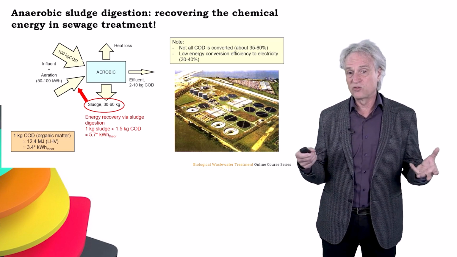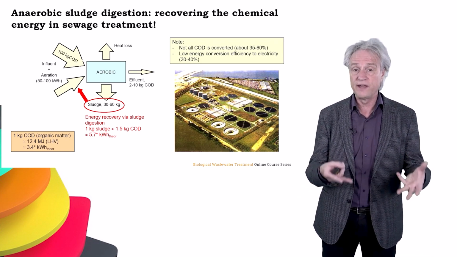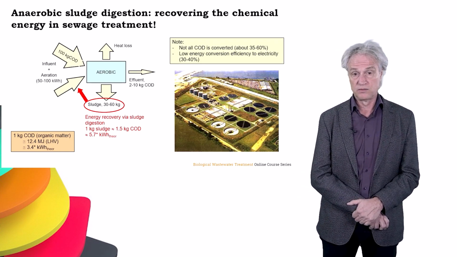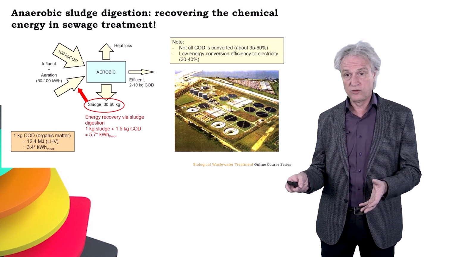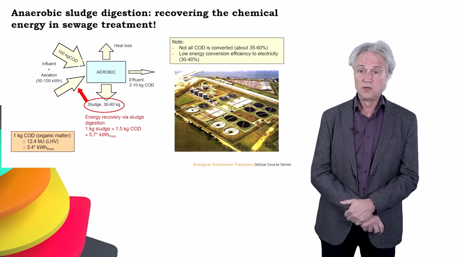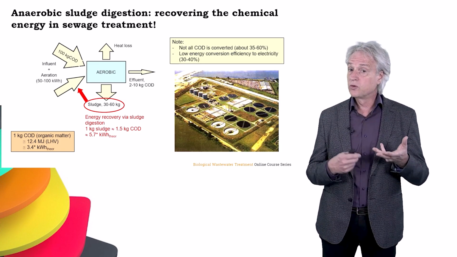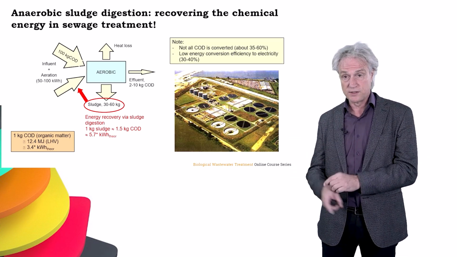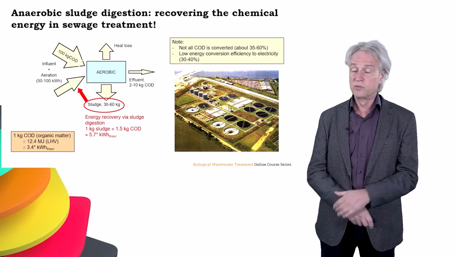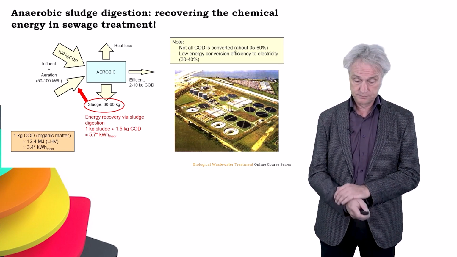And you can balance it: there's quite a lot of energy in the sludge that could compensate completely for the energy demand. But as mentioned, not all the COD is converted into biogas. Moreover, there's also a low energy conversion efficiency from biogas to electricity: 30% for a biogas motor, maybe 40% for a combined heat and power plant.